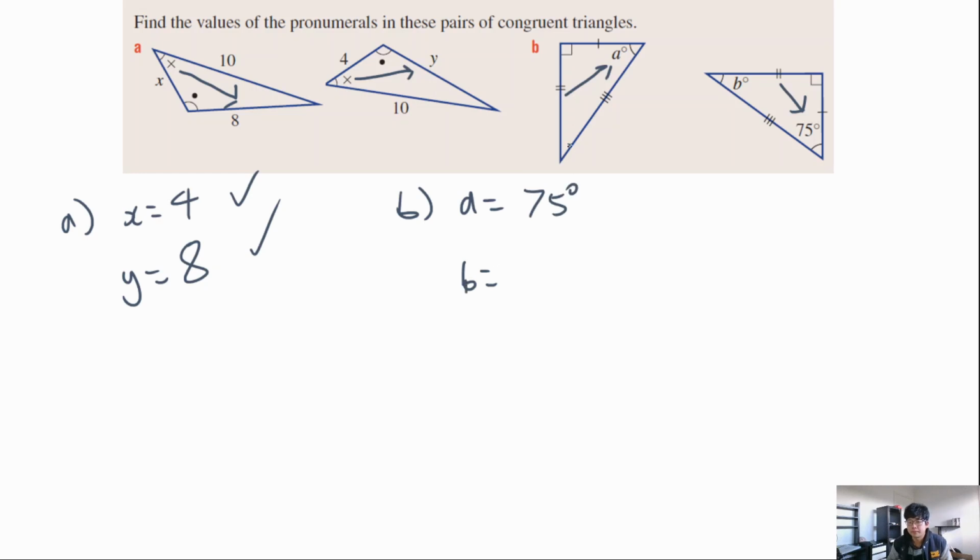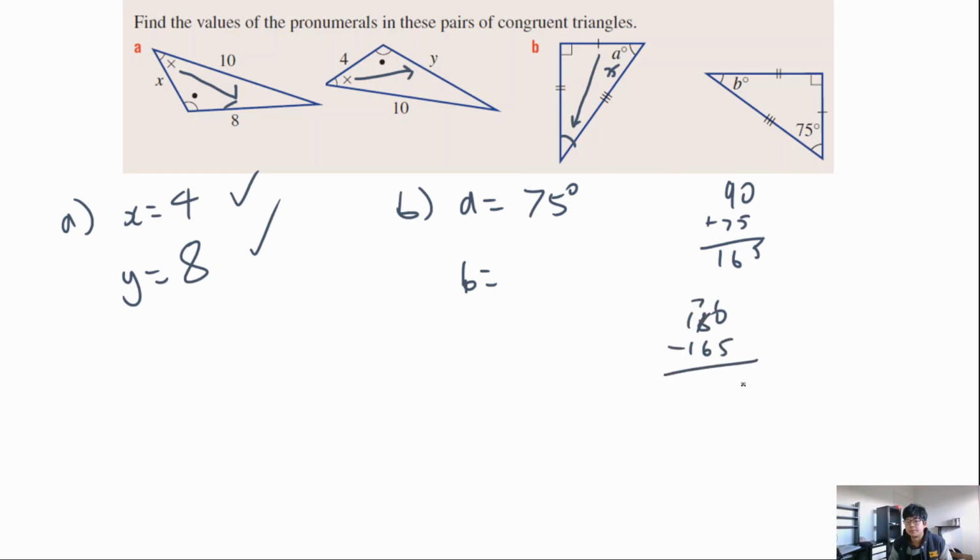And B is directly opposite to the side with 1 marking, and in this case we don't quite know what that is. So we're going to find out what that angle is. We know this is 75, that's 90, so 90 plus 75 gives me 165. And remember, the total internal angle of a triangle is 180, so we can find that angle by doing 180 minus 165.